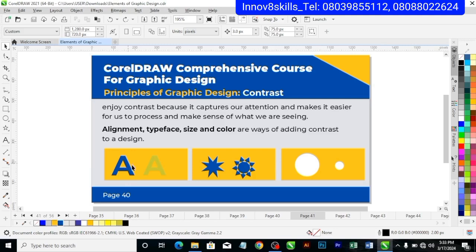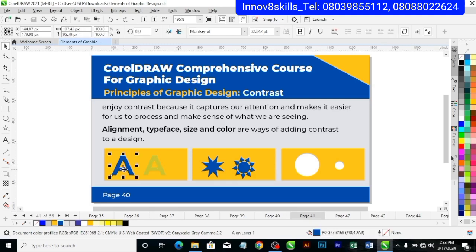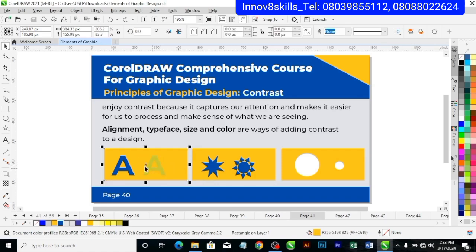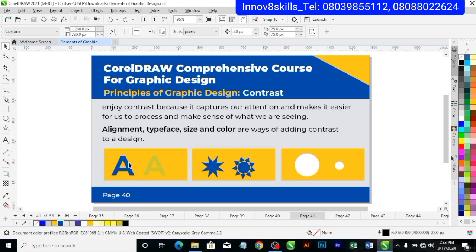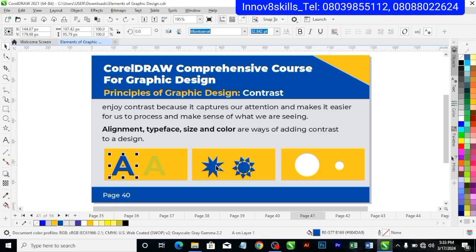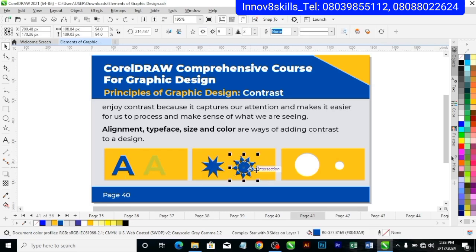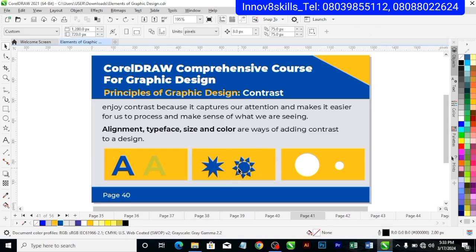If you look at these two elements, this one is more visible than this one because it's more distinct from the background. This one is very close to the background, which will make it very difficult for your readers to read it. So whenever you are designing, make sure your text is readable. And this style will capture the attention of the readers more.